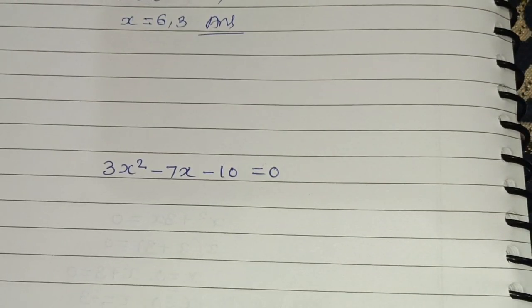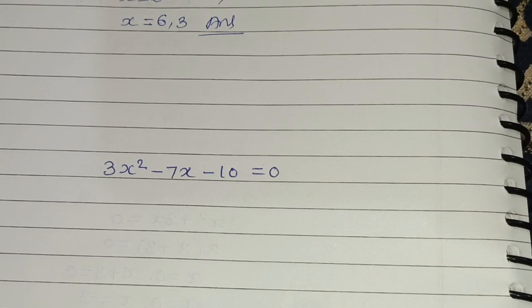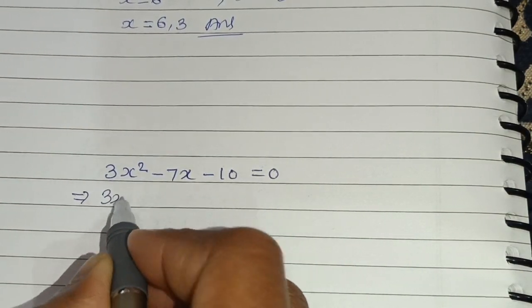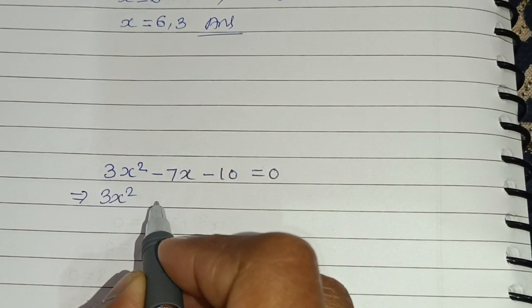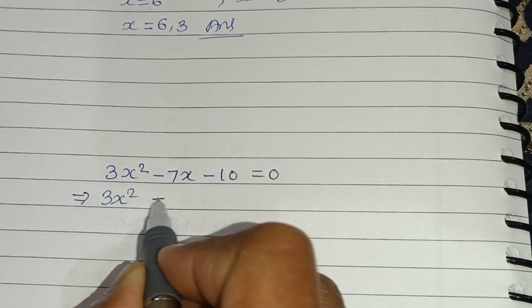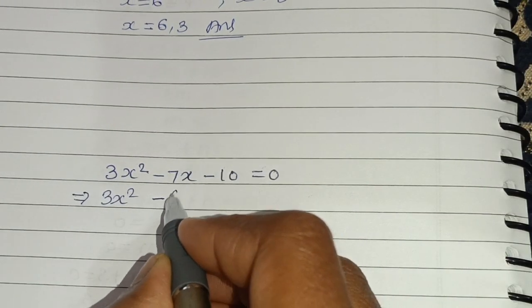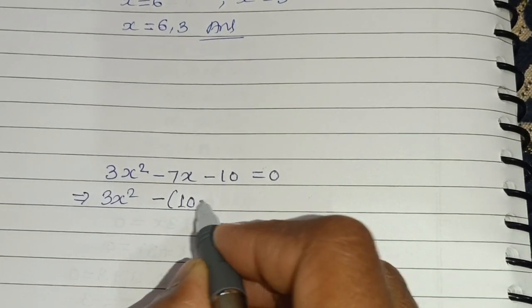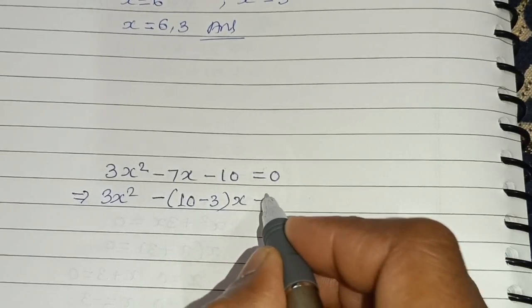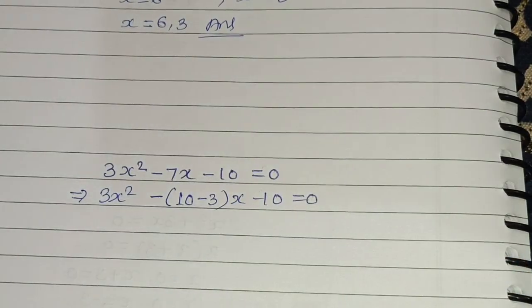Now next question. We can write this question like this: 3x square minus 10 minus 3x minus 3, x minus 10 equal to 0.